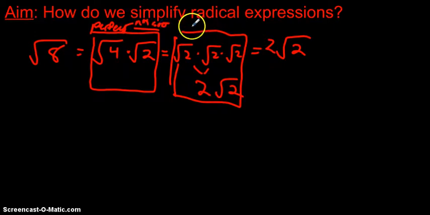And this method I would call prime factorization. Now, prime factorization is actually much more useful when working with nth roots, because we, as human beings, don't bother to memorize cubic roots, fourth roots, fifth roots, and so on.